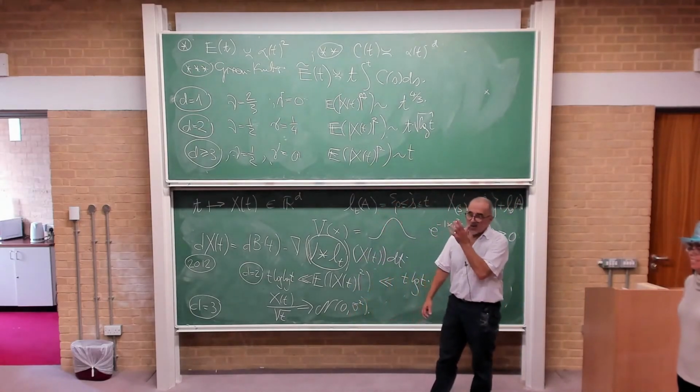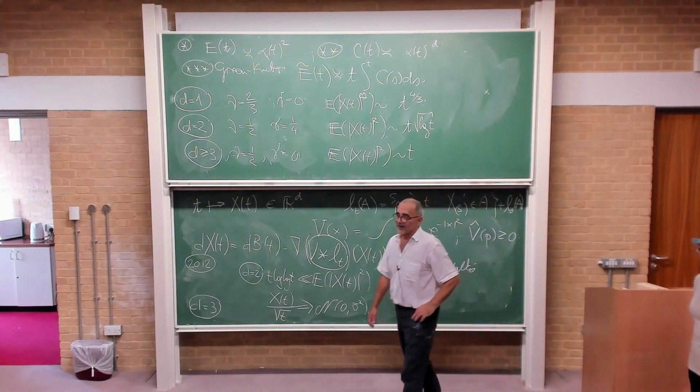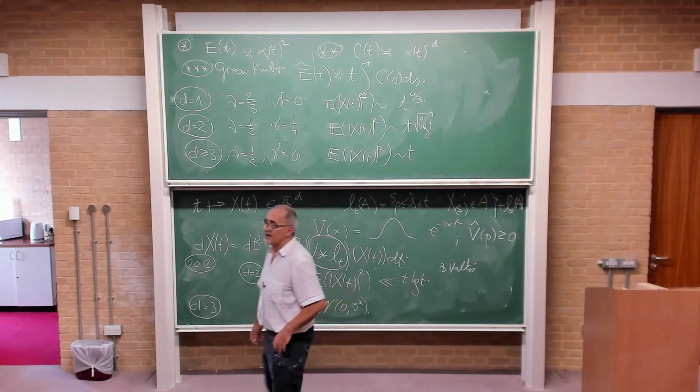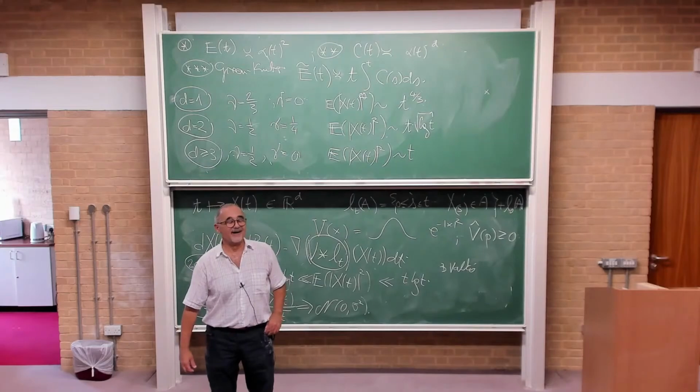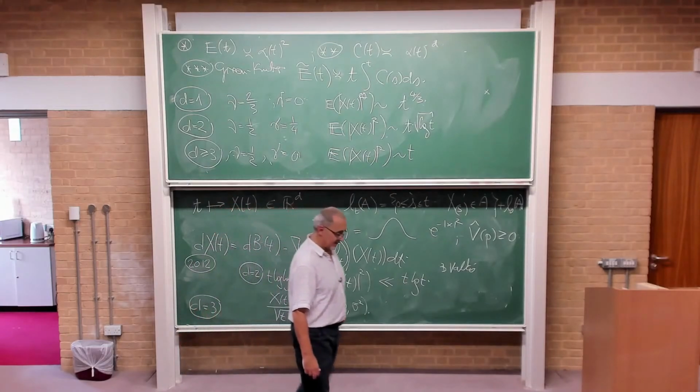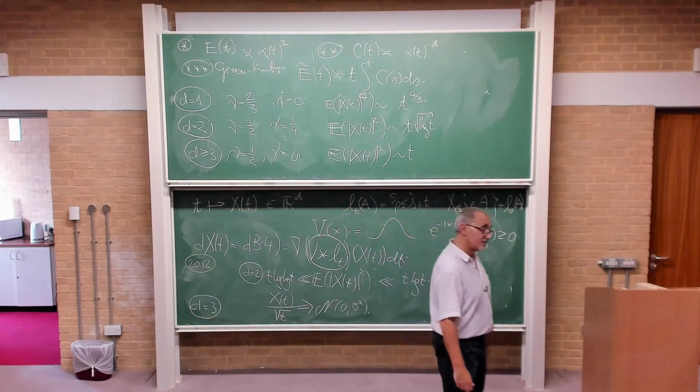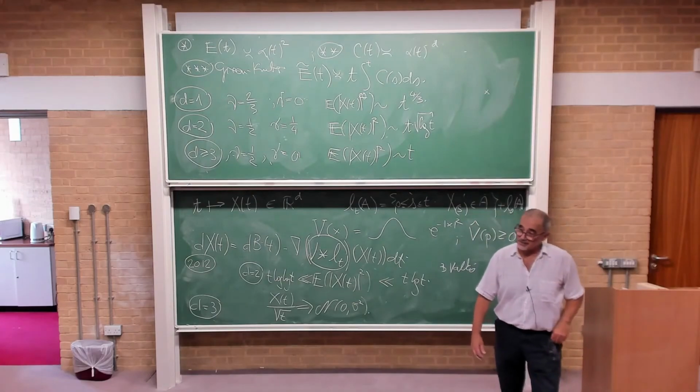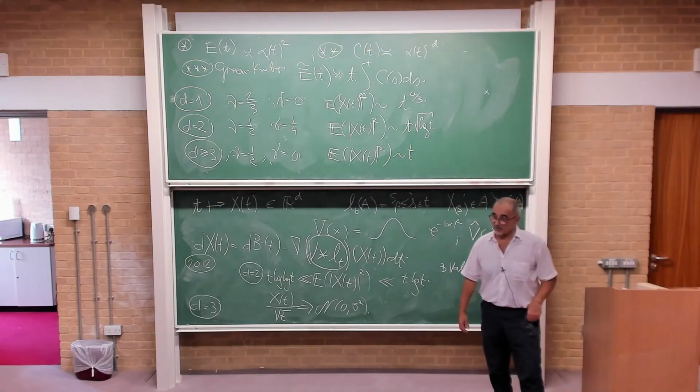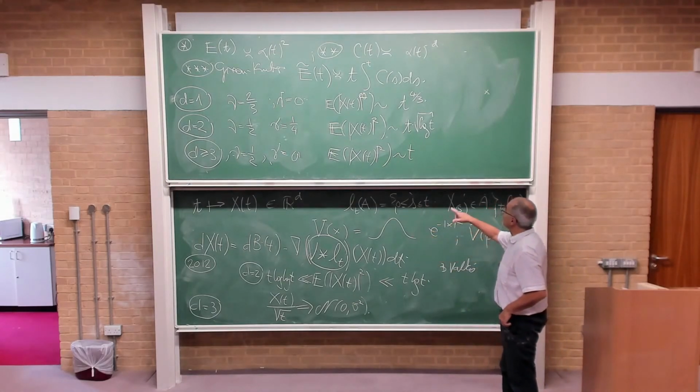For the self-avoiding walk in this dimension, what are the tails? Aha, it's e to the minus x cubed. The distribution of X_t, I erased it already.